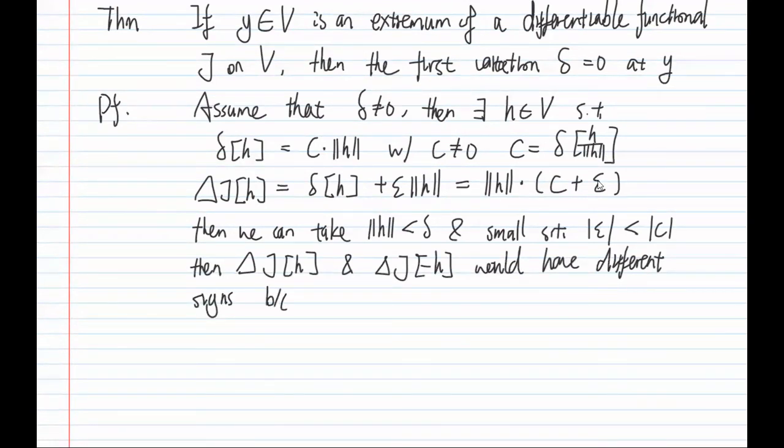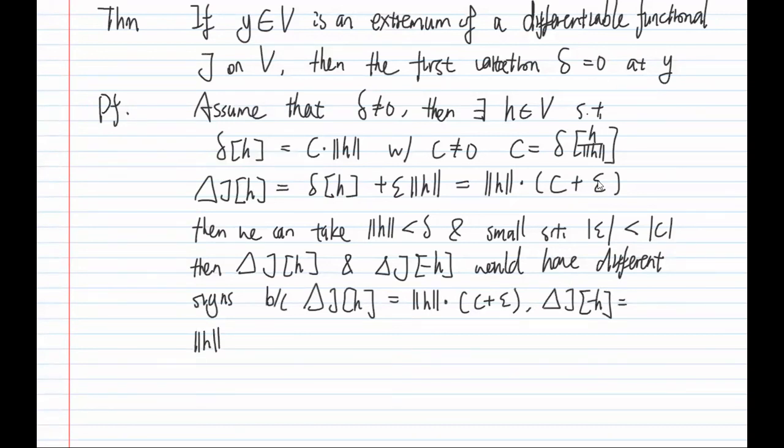Because this delta J h here would equal the norm of h times c plus epsilon, whilst this delta J minus h would equal the norm of h times minus c plus epsilon.